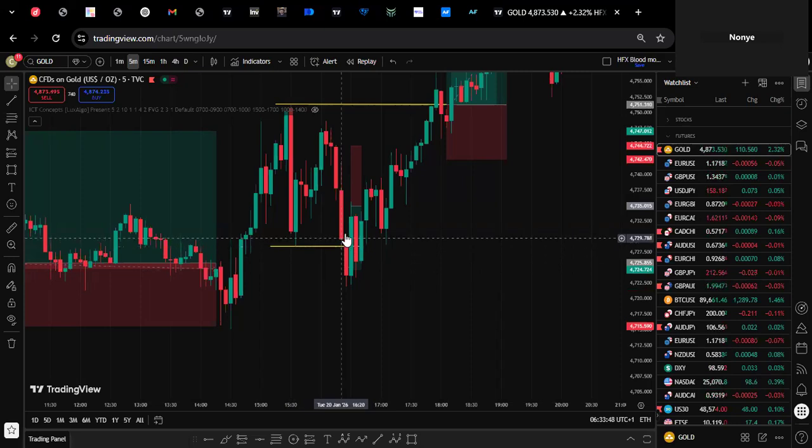It broke below first. If it breaks the low, I'm looking for a sell.